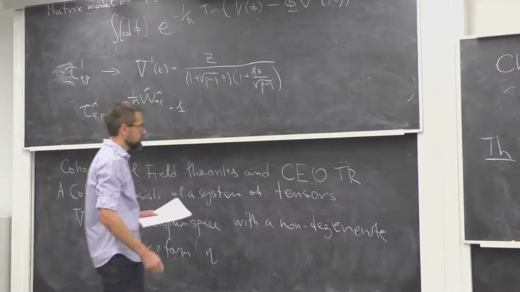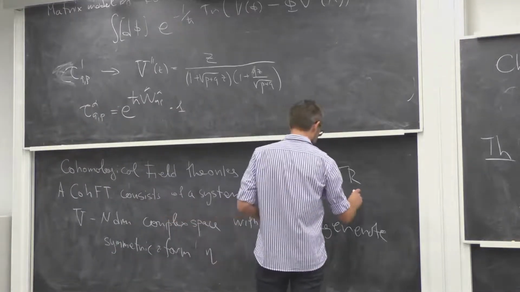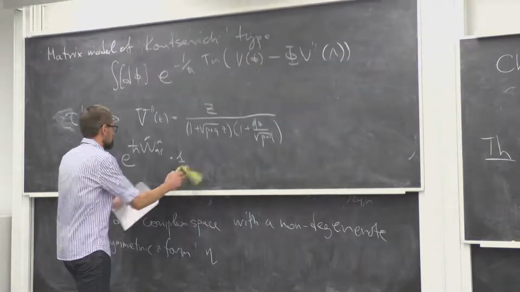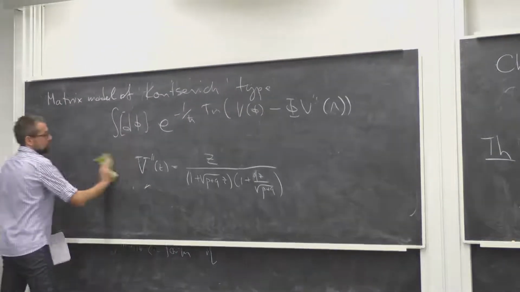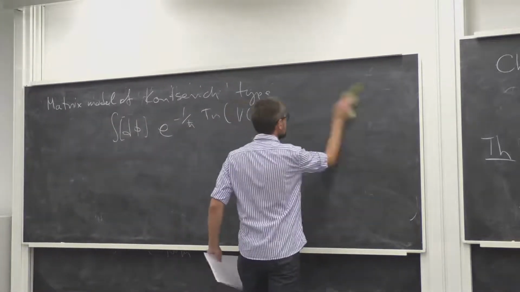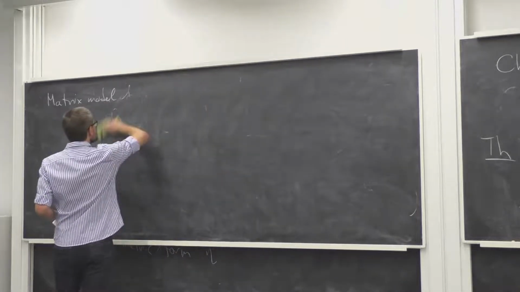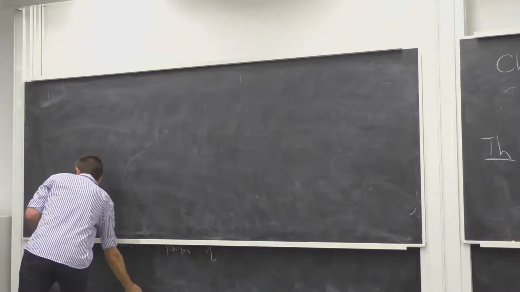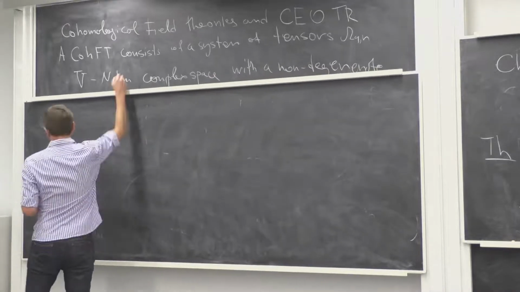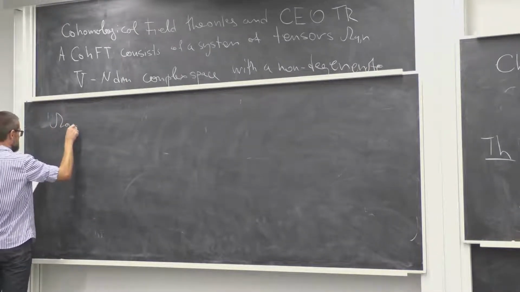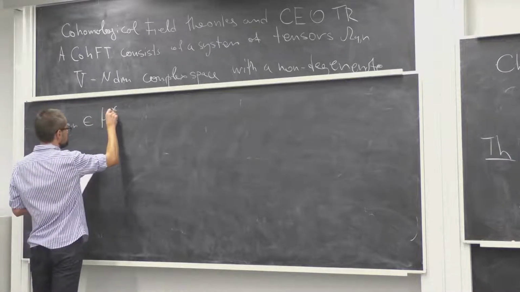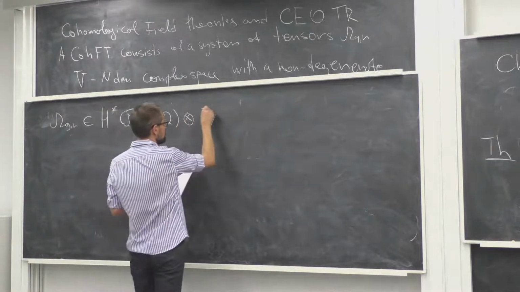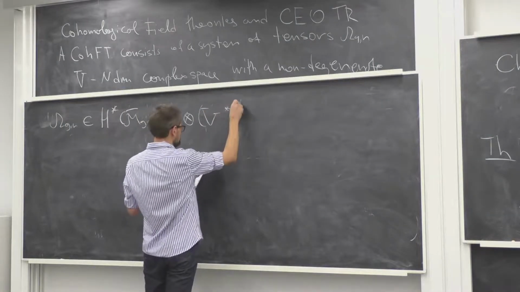And it consists of a system of tensors omega g,m, from the moduli space of curves M g,m to V star power m.